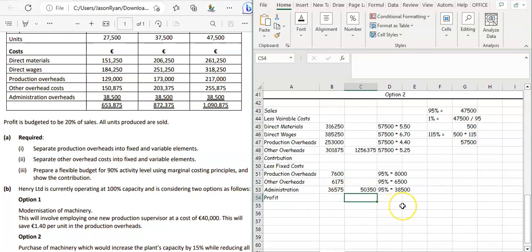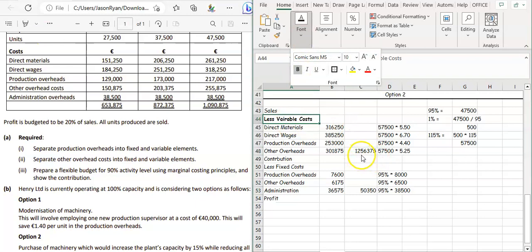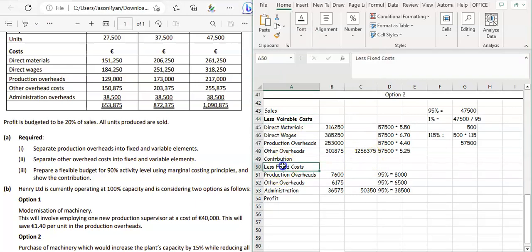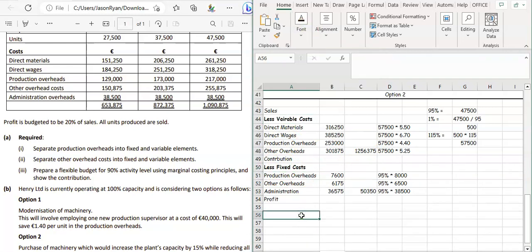So 50,350. Remember, profit is at 20%, sales at 100%. So that means that these two figures must make up 80%. So your variable cost, which is 1,256,375, and your fixed cost must make up 80%. So 80% is equal to 1,256,375 plus your 50,350.